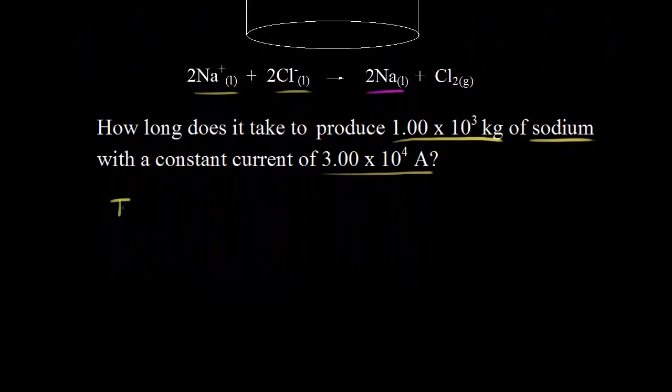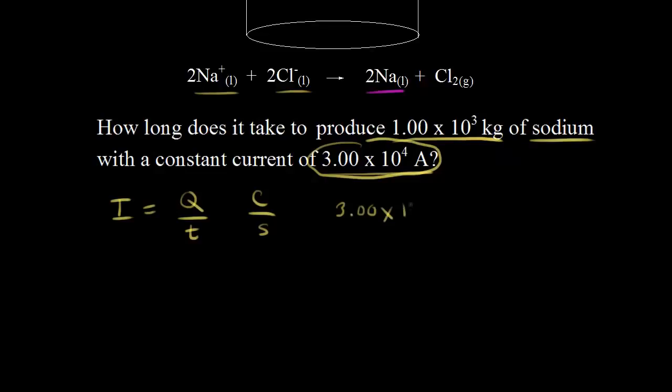Current is equal to charge over time, Q over T, where charge is in coulombs and time is in seconds. We know the current is 3.00 times 10 to the fourth amps, equal to the charge over the time.